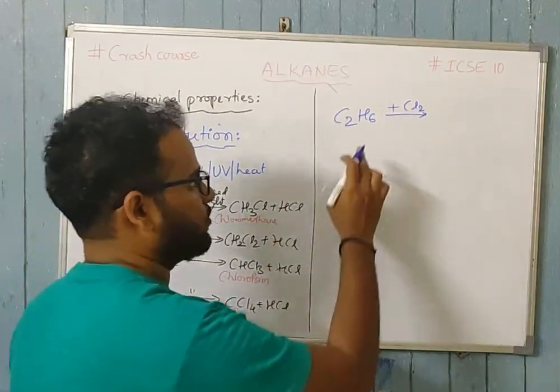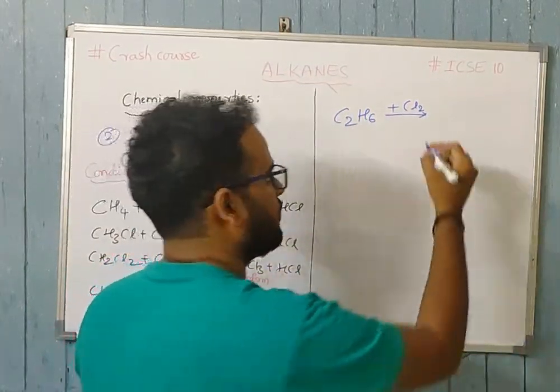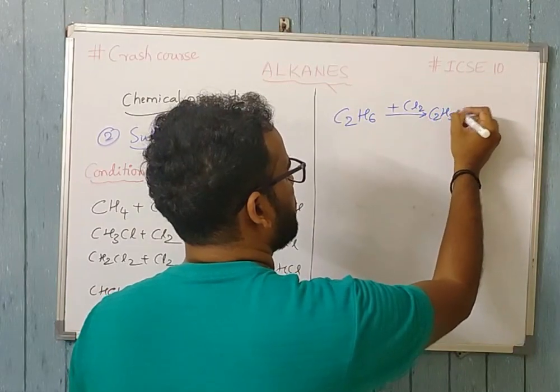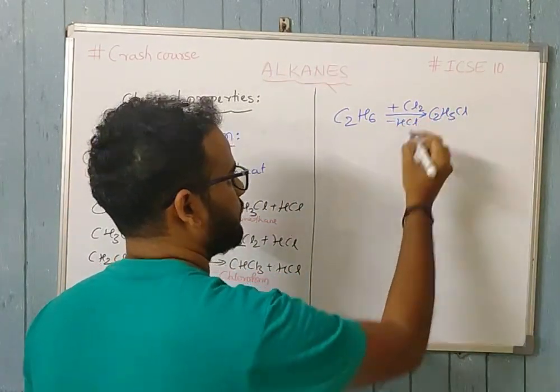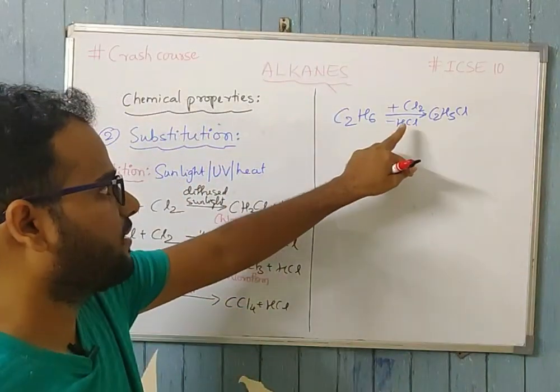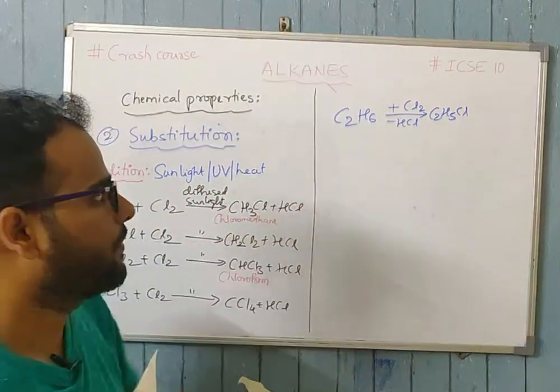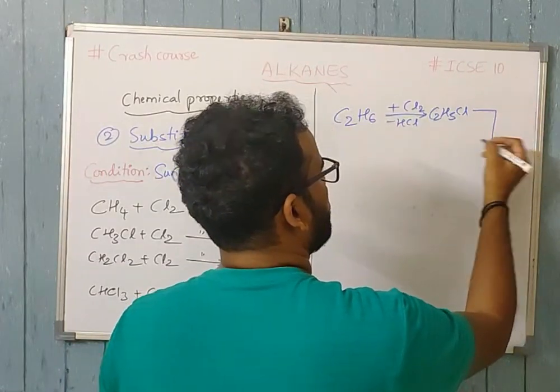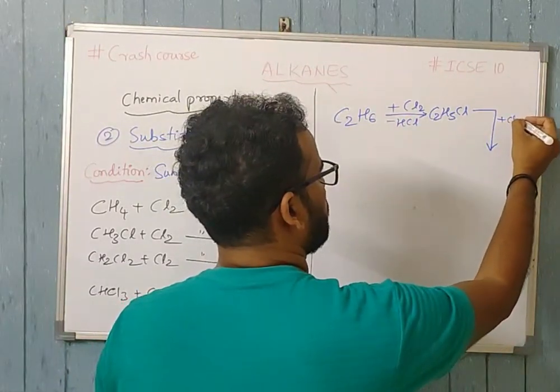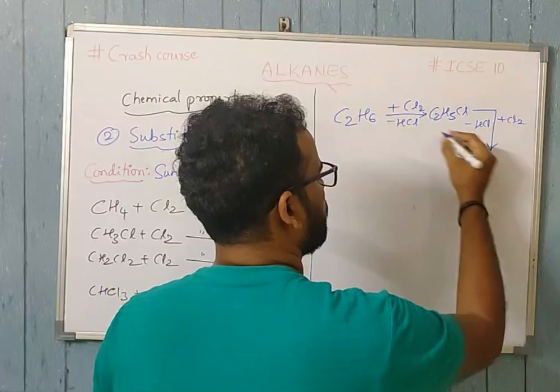What will you get? Substitution. One of the hydrogens is substituted by Cl. C2H5Cl plus HCl. So that I will write here as minus HCl. If you write it here, it means it is on the product side. This further will undergo the same thing, plus Cl2 minus HCl.